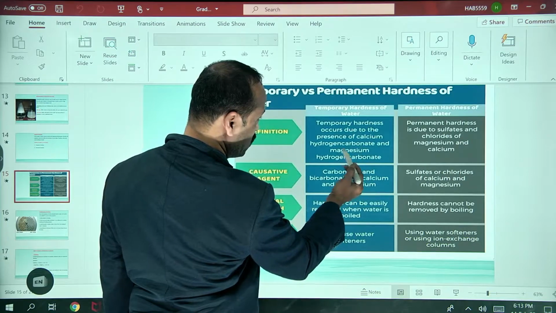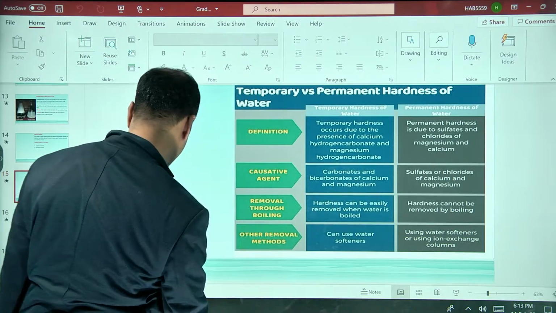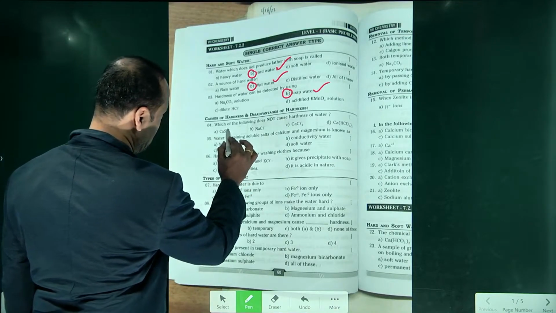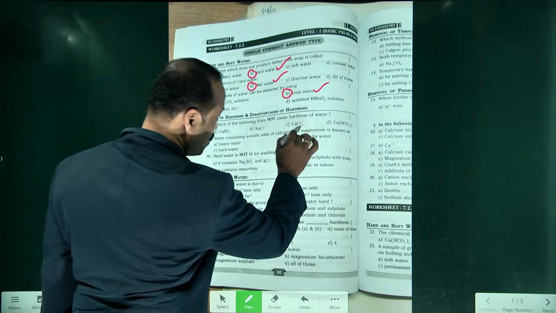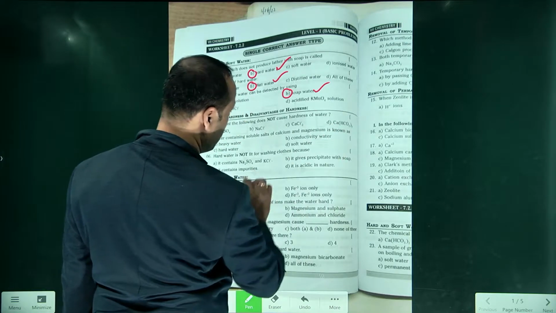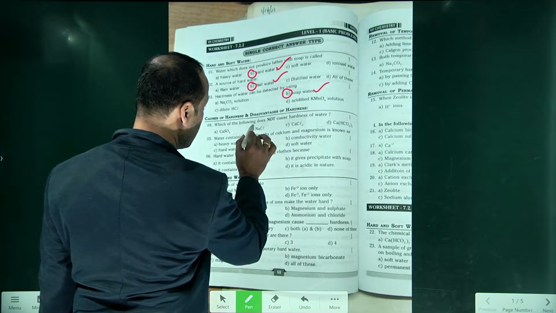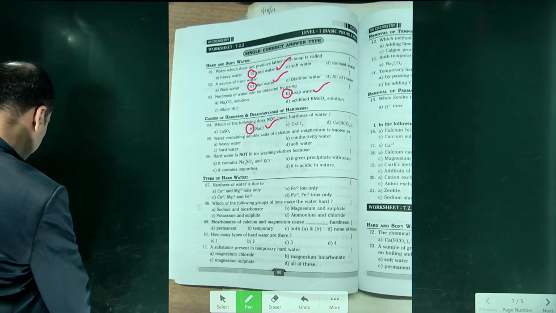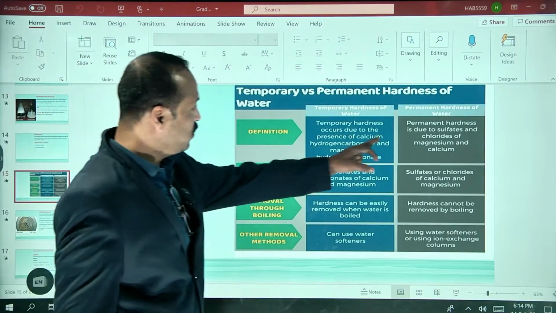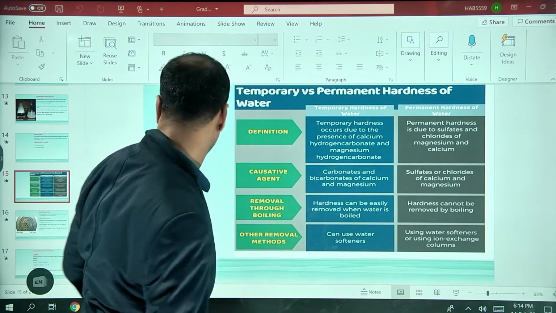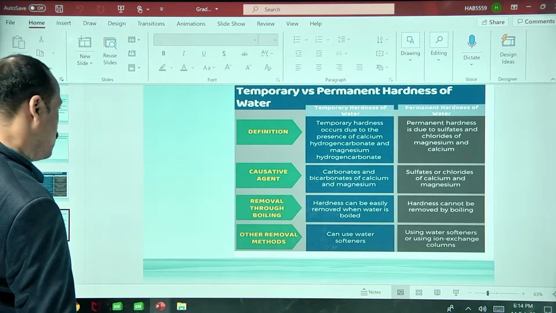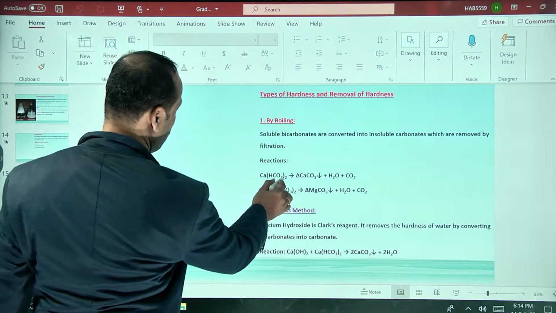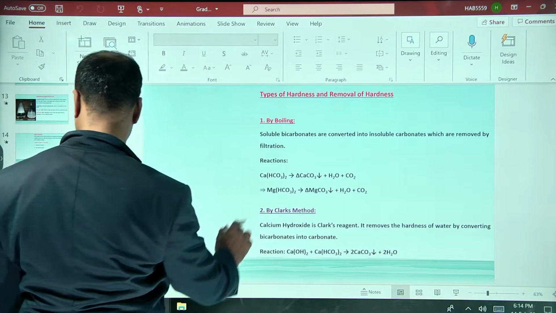Hydrogen carbonate also forms the hardness of water. But here the question they asked is what does not cause it. Calcium sulfate is there, calcium chloride is there, calcium hydrogen carbonate is there. What is not there is sodium chloride. Once you see, can you find sodium chloride anywhere? You can't find sodium chloride. See, calcium hydrogen carbonate is there.